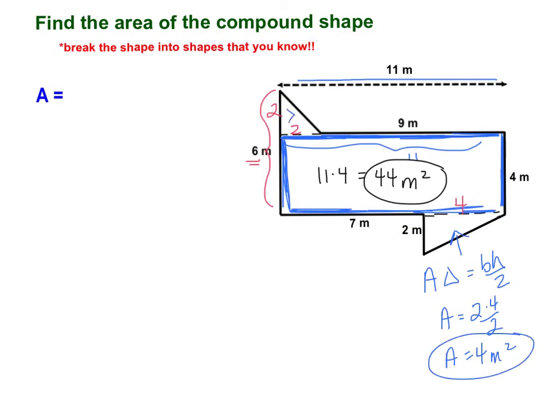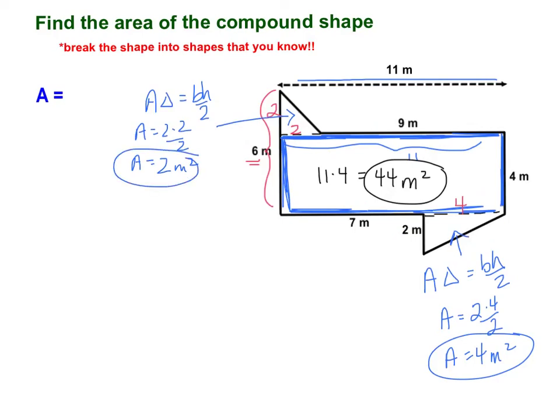Let me go ahead and do this one. This area of this little triangle, base times height divided by 2. Area is 2 times 2 divided by 2. So area is actually 2 meters squared.